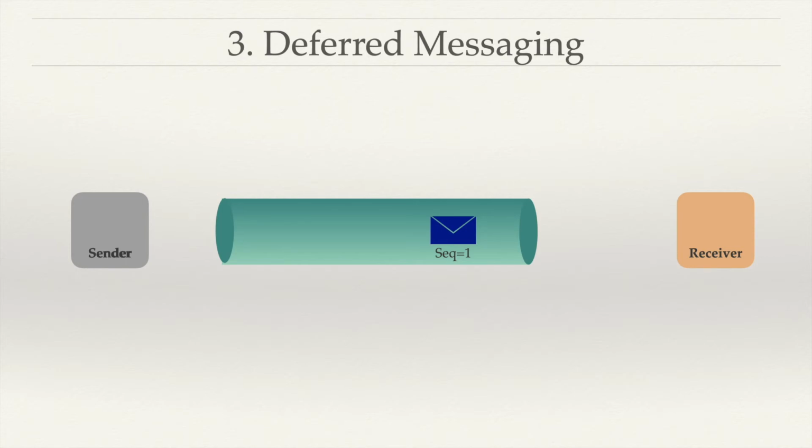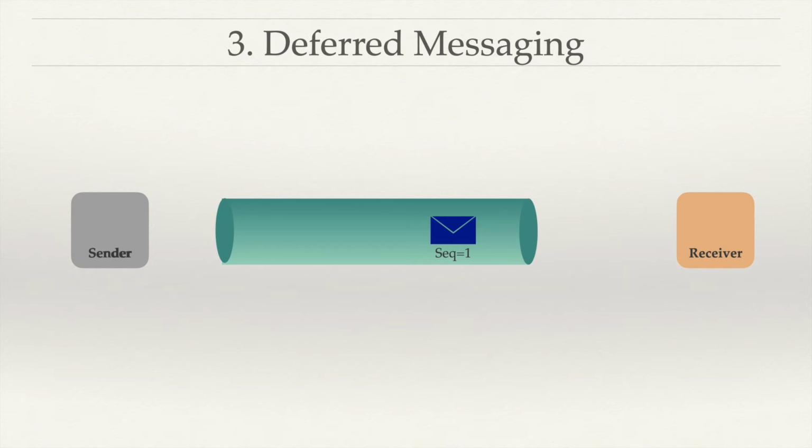Now the question can be asked: let's say the message has been deferred by the receiver, and after some period of time the receiver itself is down for some reason, and to bring the receiver back up it might take some time, let's say 5 minutes. For those 5 minutes the receiver is down, and as you deferred the message, obviously no other receiver can receive it, only the same receiver, based on the sequence number.